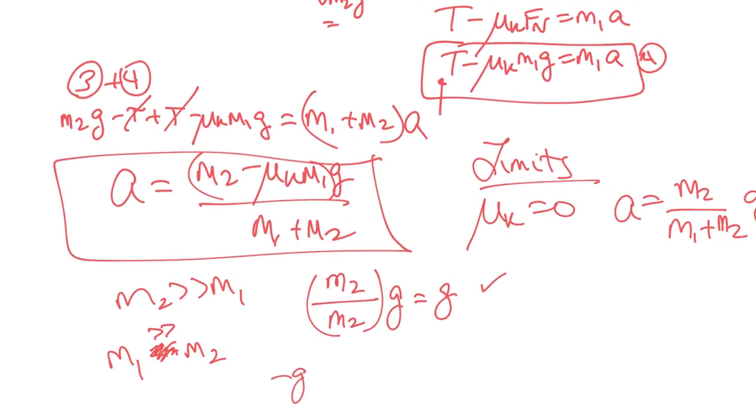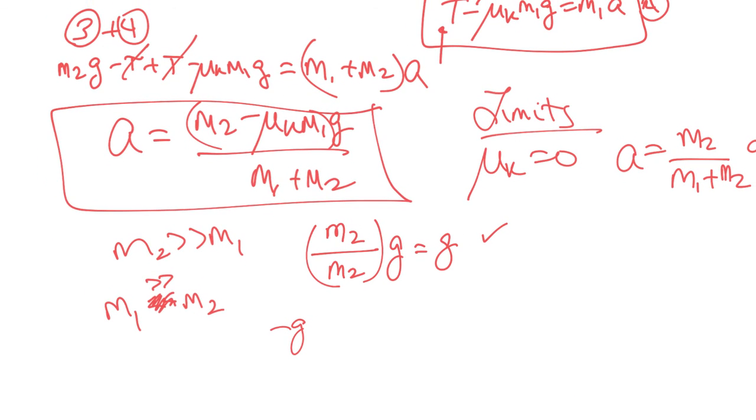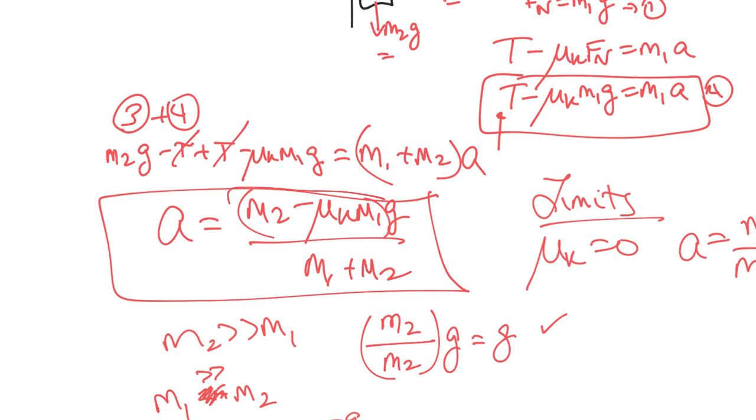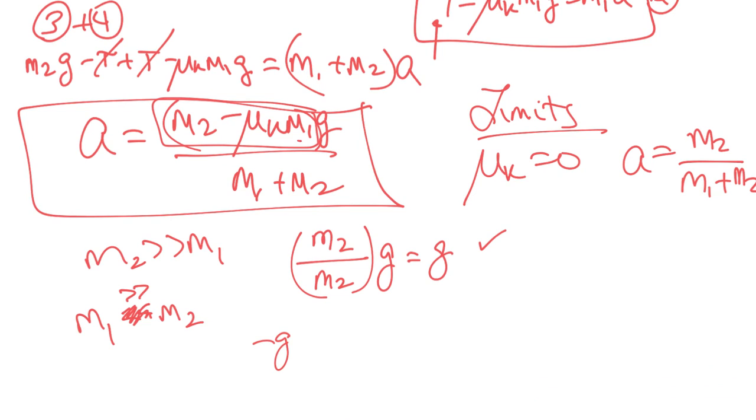So the actual interesting question is, what mass does M2 have to be for this thing to actually start moving? And you can see it's that critical thing right there. M2 has to be greater than or equal to mu K M1. Actually, mu S M1, I'm sorry.